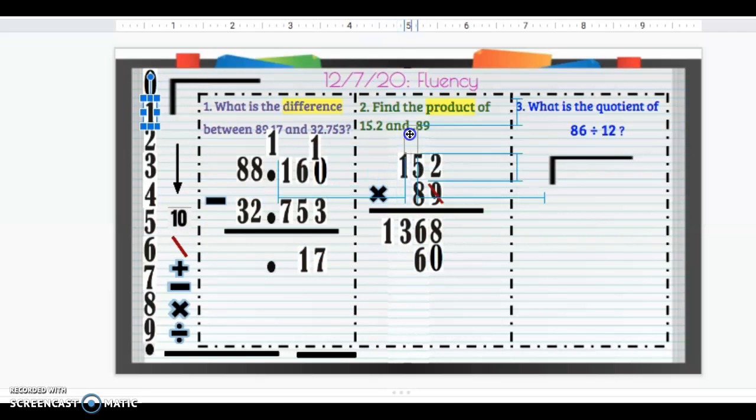Bring up my 1. 8 times 5 is 40, plus 1, 41. 8 times 1 is 8, and then 8 plus 4 is 12. So I put my 2 below the 1, and then I can put my 1 next to the 2.